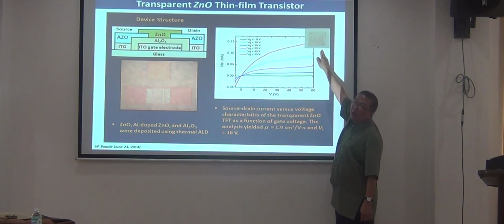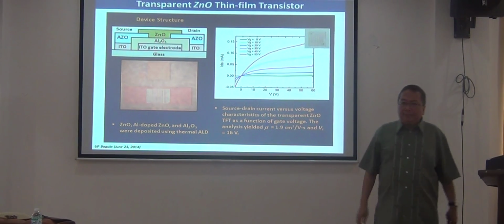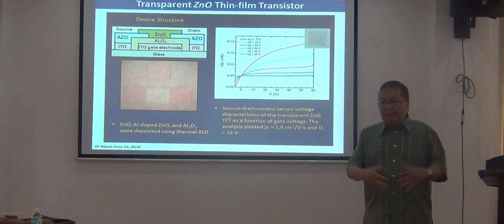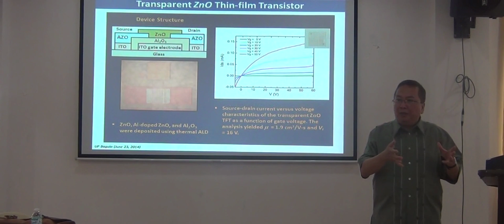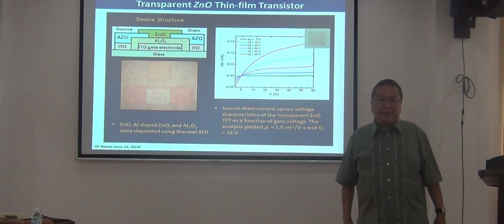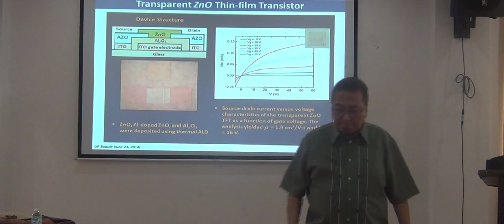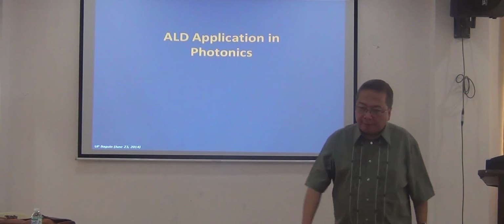This is the actual device itself. All right. And this is going to be the basic building block for a lot of things, like RF devices, inverters, logic gates, photonics. Okay.